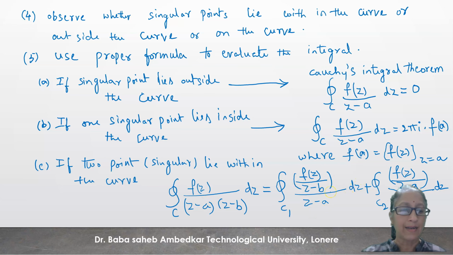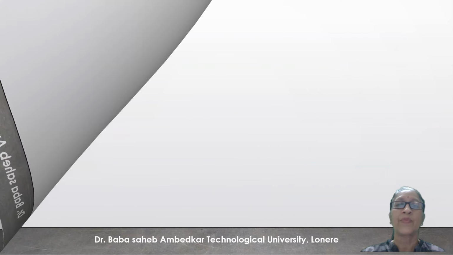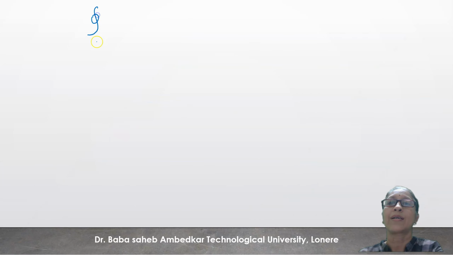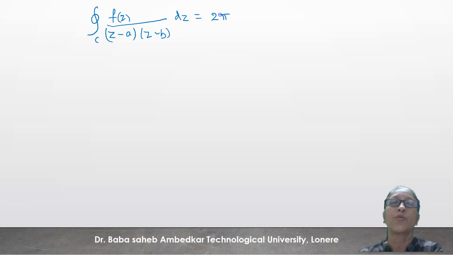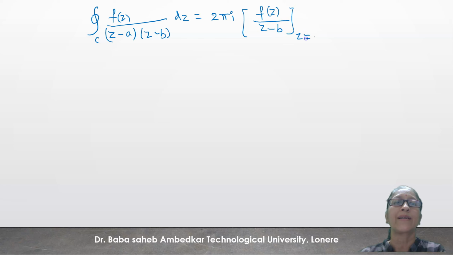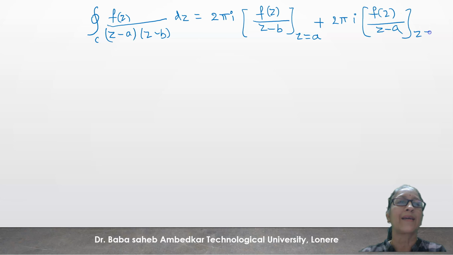Then using Cauchy's integral formula, the contour integral over C of f(z) by z minus a into z minus b dz equals 2 pi i into f(z) upon z minus b at z equal to a, plus 2 pi i into f(z) by z minus a at z equal to b.